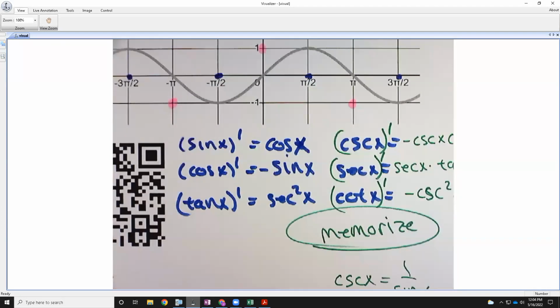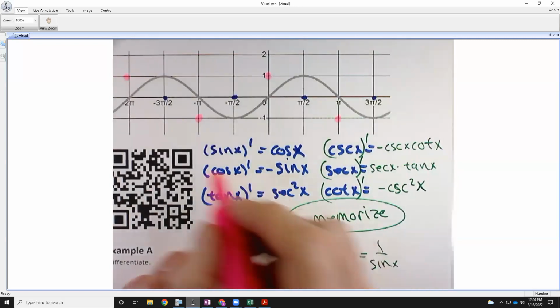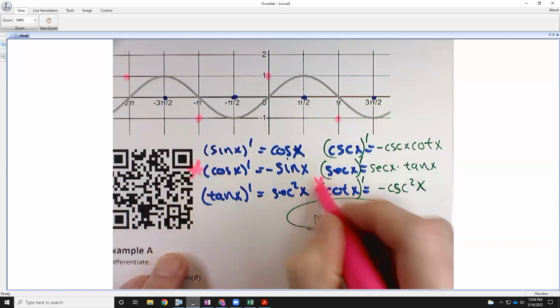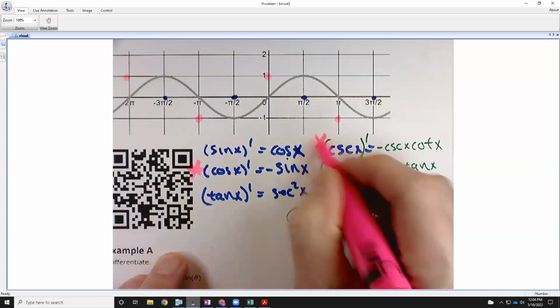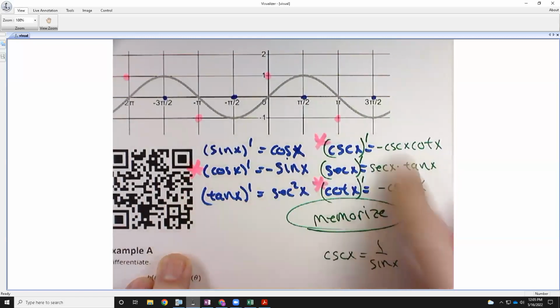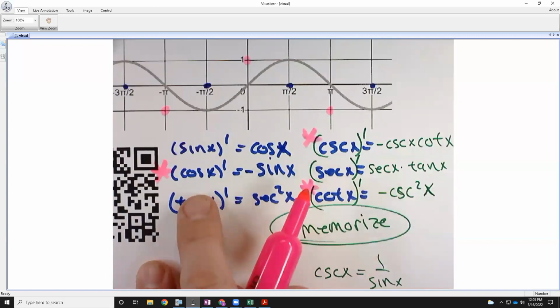Now, there's one other thing that I want to point out here, little memory trick. If you notice this one, and this one, when you differentiate these things, they all had a negative in them, right? All of them had a negative.